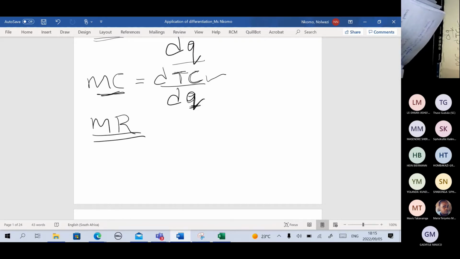The marginal revenue is the additional income that's generated from the sale of one more unit of a good or service, right? Another thing that you need to know about the marginal revenue is that it is the increase in the revenue that results from a sale of one additional unit of output, right?